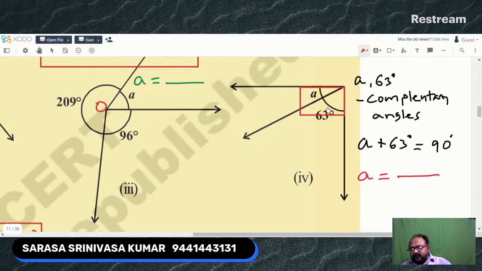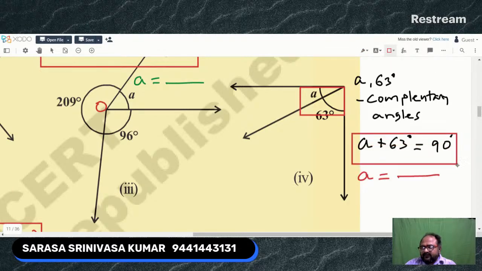The sum of the two angles is equal to 90 degrees, and hence the two angles are complementary angles. Since the two angles are complementary angles, we can write angle A plus 63 degrees equal to 90 degrees. From this, you can find the value of A.